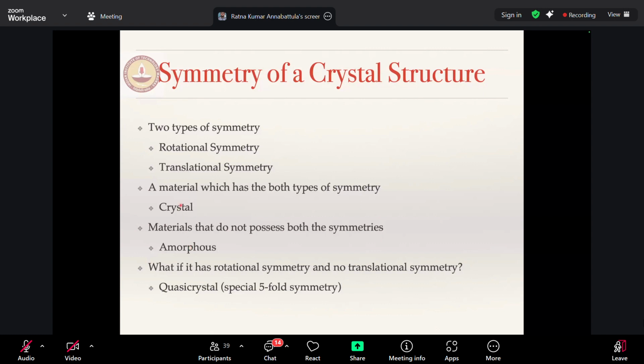We only learnt about crystalline materials and amorphous materials in our colleges, but the crystalline material will have order everywhere, both translational order as well as rotational order, whereas an amorphous material has neither translational symmetry nor rotational symmetry. But if a material has rotational symmetry but no translational symmetry, that means it is half satisfying the symmetry requirement, then such a material is called a quasi-crystal.